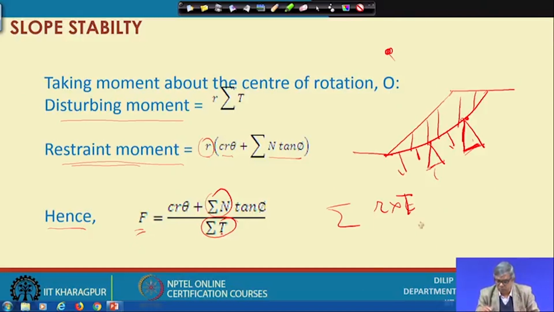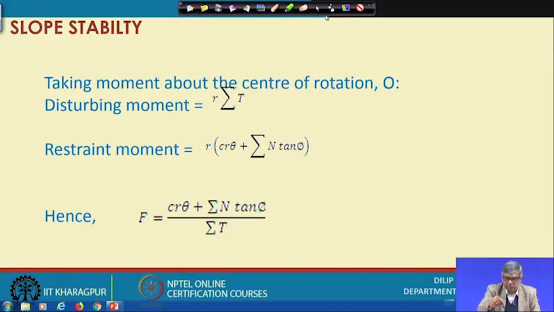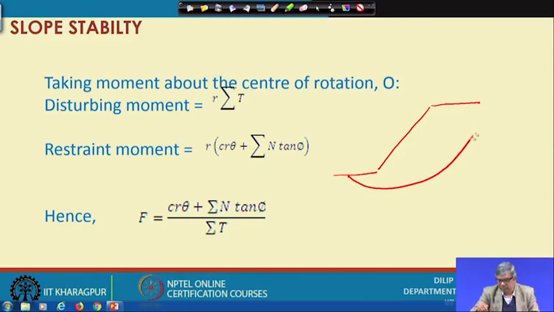So, when there is a slope like this, let me once again do it. Suppose there is a slope something like this, and your failure surface is something like this, and the center is somewhere here.